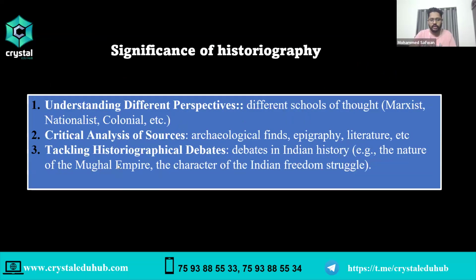Now, just to understand this point also, something very important. If you are studying historiography, this topic has that much significance. Why? The significance of historiography itself says the subtopics of historiography. For example, by learning historiography, one will be able to understand different perspectives.